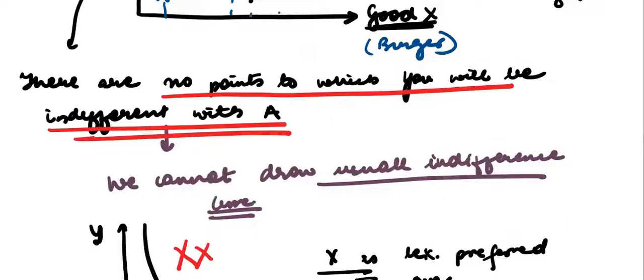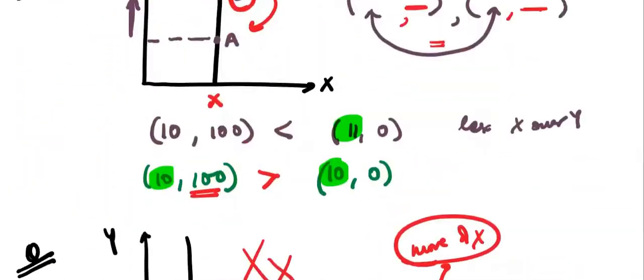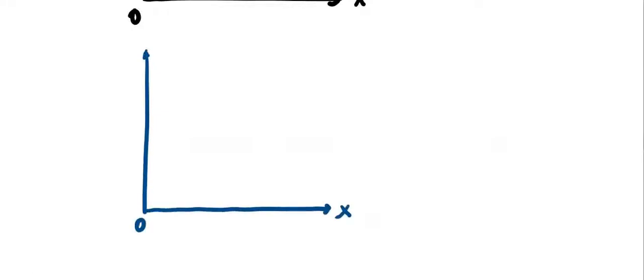So each point has a different utility if they are lexicographic preferences. Lexicographic preferences are just given by points. Each point is a separate utility.